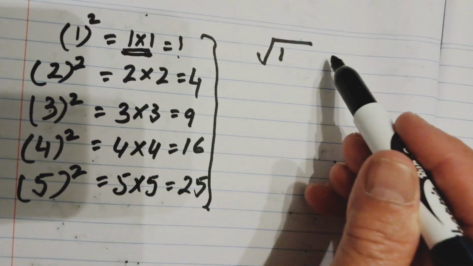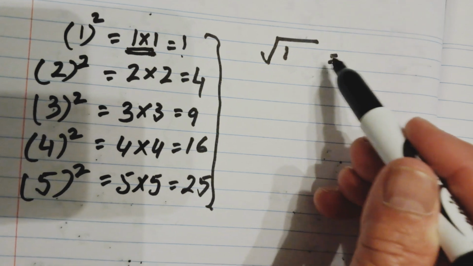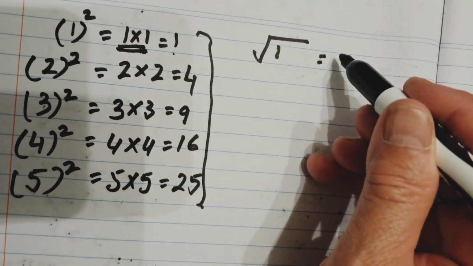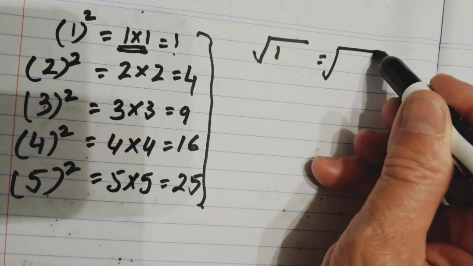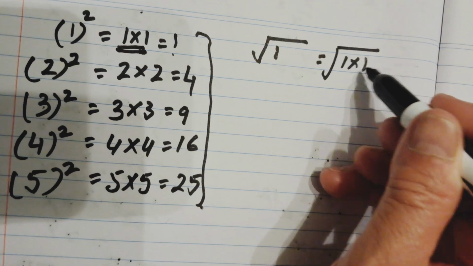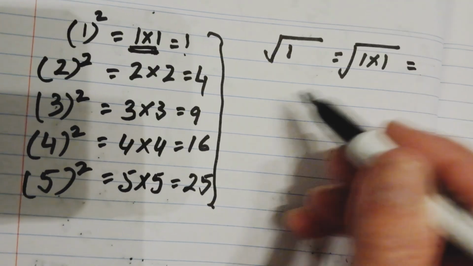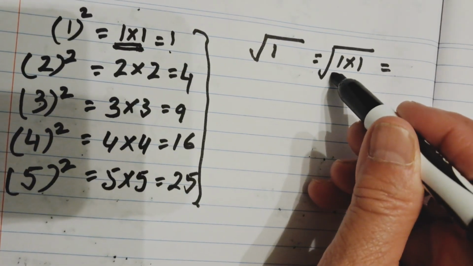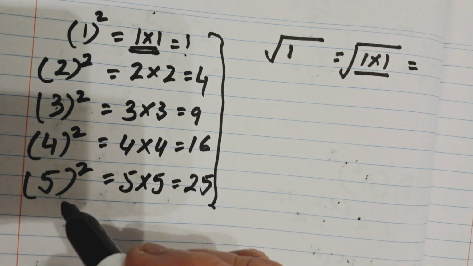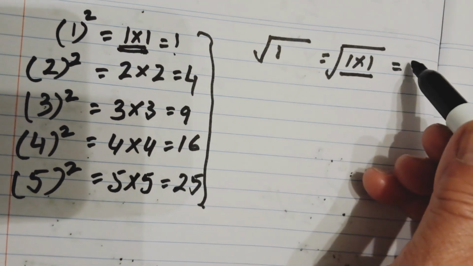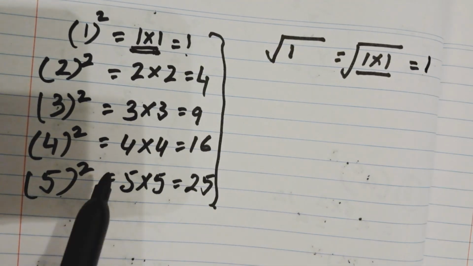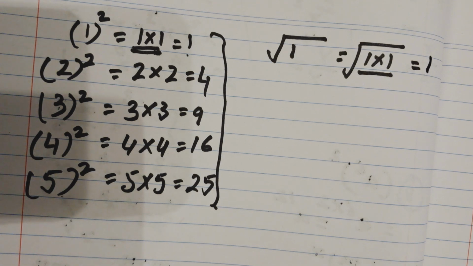So the square root of 1 is like 1 multiplied by 1, and from the two numbers in the pair we pick 1. So this is the answer.